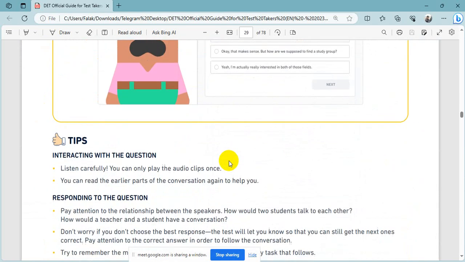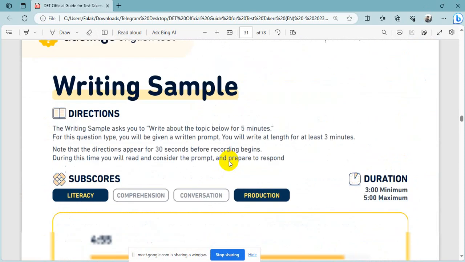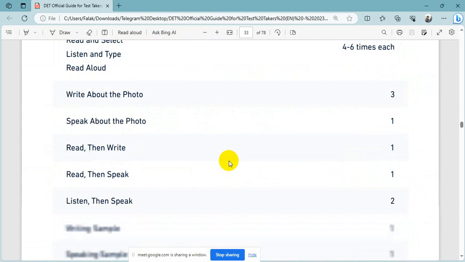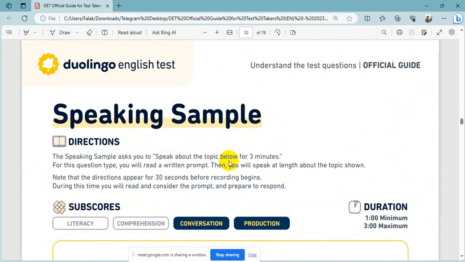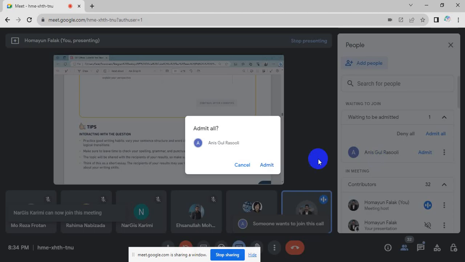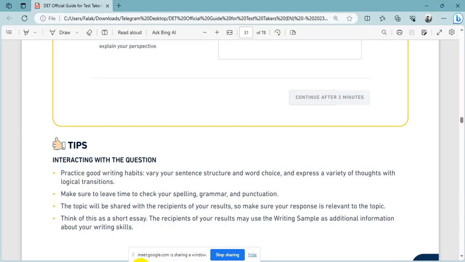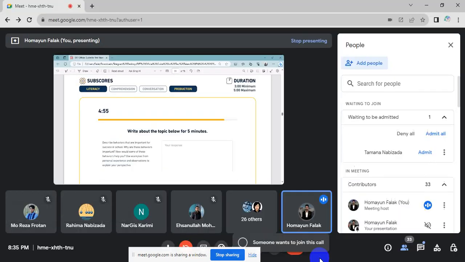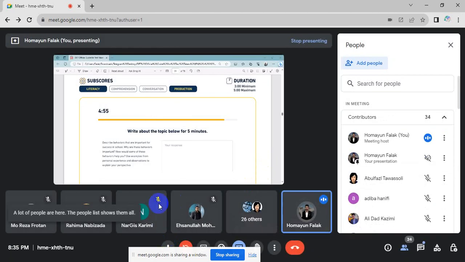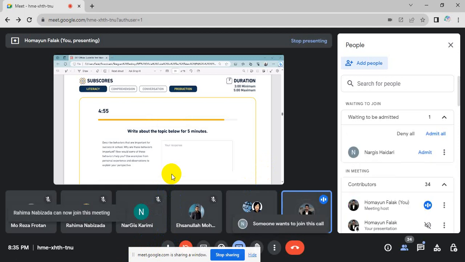In this session, we are going to talk about the writing sample and the speaking sample, which are the two last question types in the Duolingo English test. Again, I want to note that these two question types are the most significant and important ones, because when you share your score with a college or university, your writing sample and your speaking sample will also be shared with them.